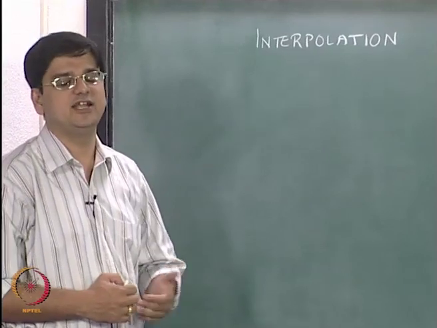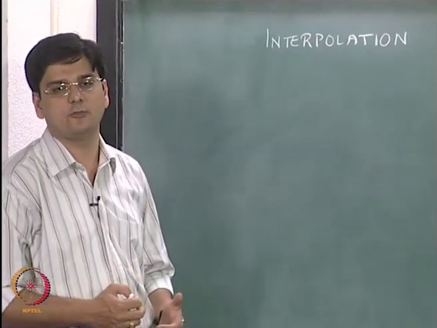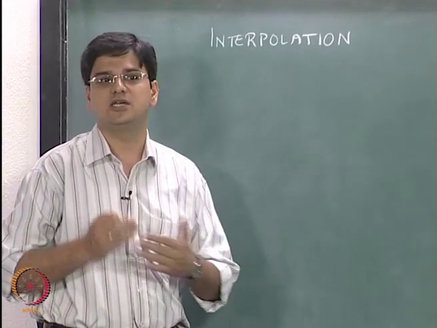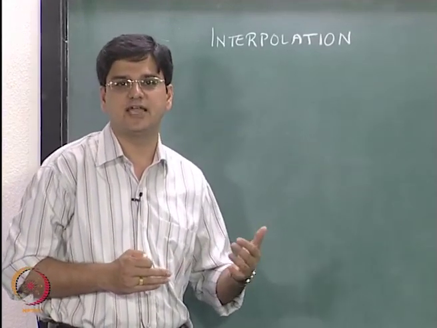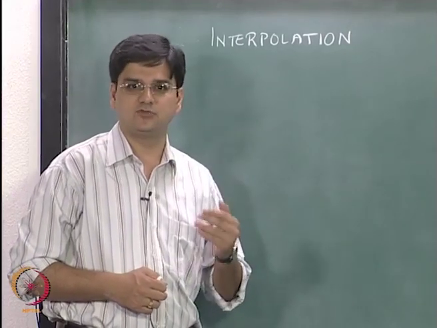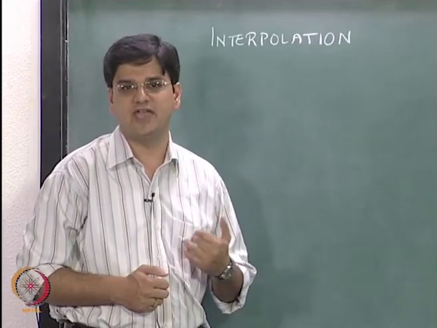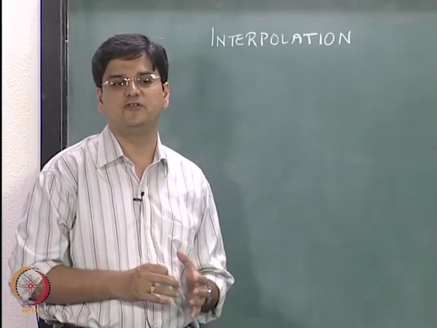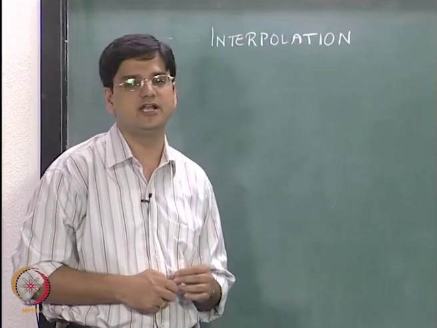If we fit anything less than an n minus 1th order polynomial, it's possible that some of the data will not be perfectly captured by the model. But if we have an n minus 1th order polynomial when we have n data points, that particular polynomial will perfectly capture all the data points.